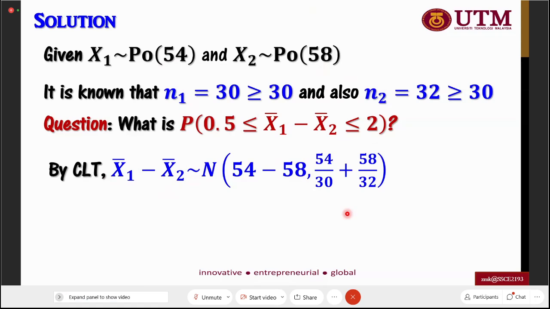And as I mentioned last time, to avoid making mistakes, you can simplify these values first.